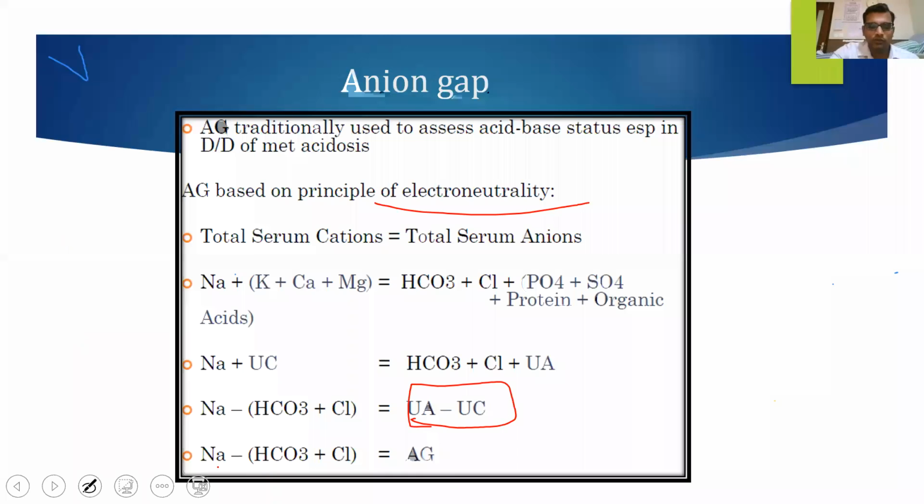How we calculate it is sodium minus the sum of bicarbonate plus chloride. In some textbooks they add potassium also. The normal value will be 8 if you don't add potassium. Most of the standard textbooks give the anion gap value without potassium. It is sodium minus bicarb plus chloride, and you take the normal value as 8.